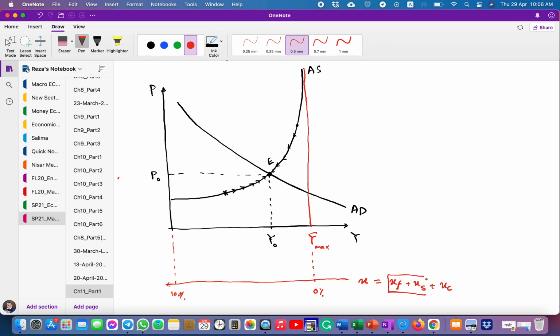We already said that if the economy is producing at the level where U is equal to U star, U equals U star, the economy would be at Y equals Y star, or the full employment level of output. Let's say that is that.